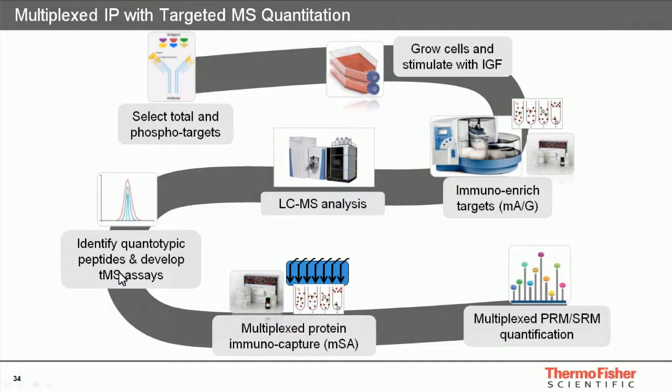Once we have the assay for each one of these targets, we take the best antibody that we identified from protein AG and bioaccumulate them, and then perform the multiplex immunoprecipitation using the streptavidin-coated magnetic beads. Then after the mass spec sample prep, we add the internal standard and perform the targeted MS quantitation by PRM or SRM.